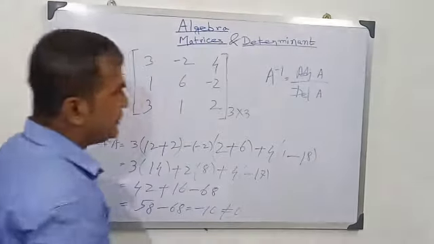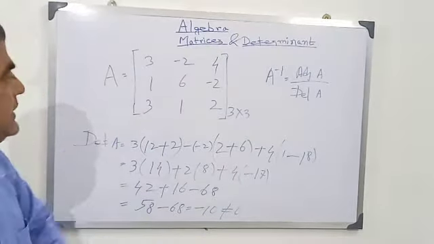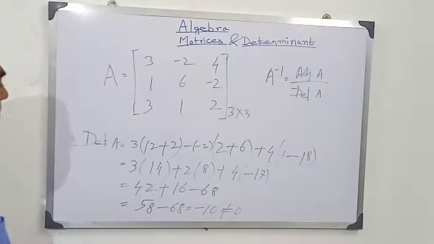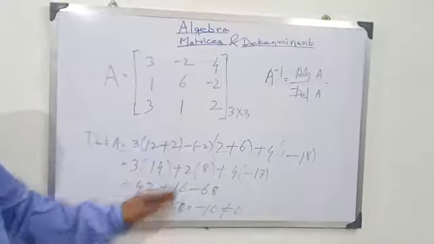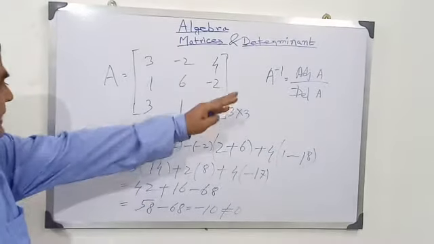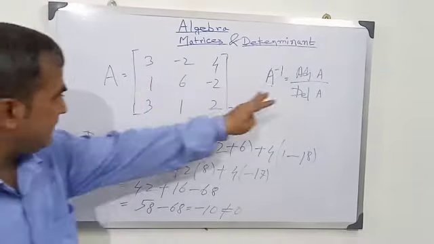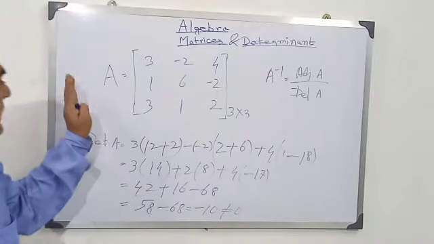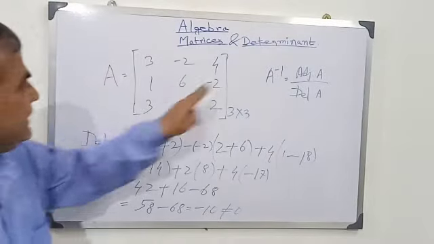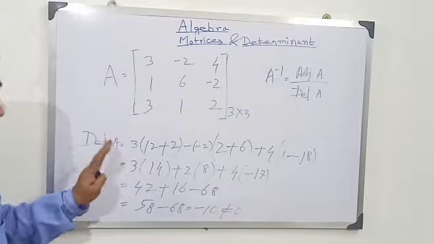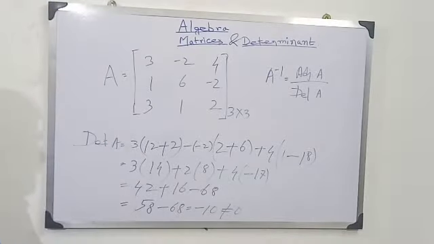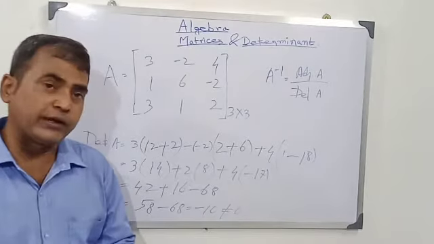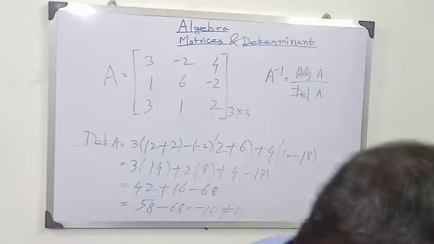Now, what is the adjoint of A? That I will be explaining now, and then I will find out the adjoint of A, and then we will find out the matrix A inverse, and then we can multiply A into A inverse, and then we find out A into A inverse is unit matrix of order 3 cross 3.